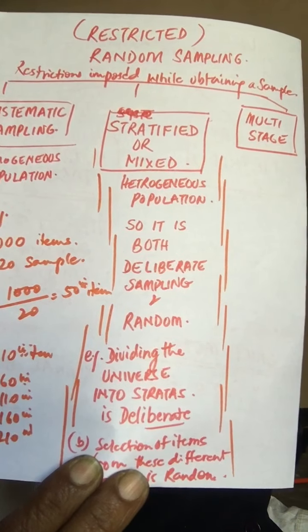Let us take, say, 10. Then the other items will be every 50th item from there: the 60th item, add 50 more, that becomes 110, add 50 more, the next is the 160th item, add 50 to it, it becomes the 210th item, and so on.